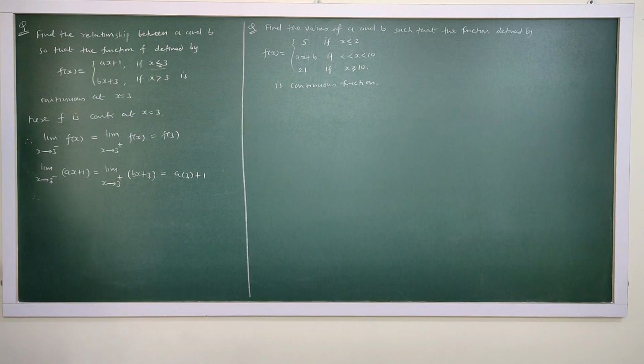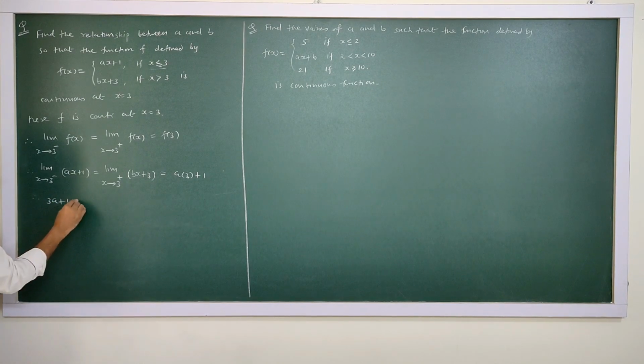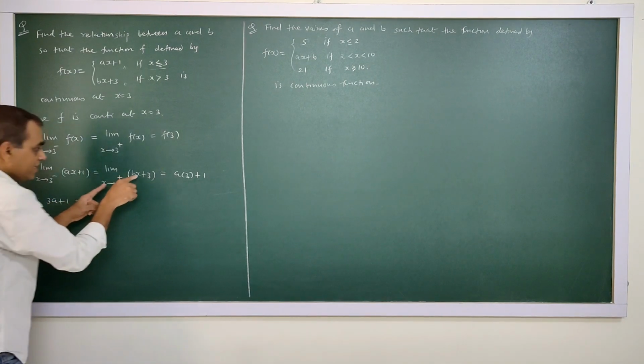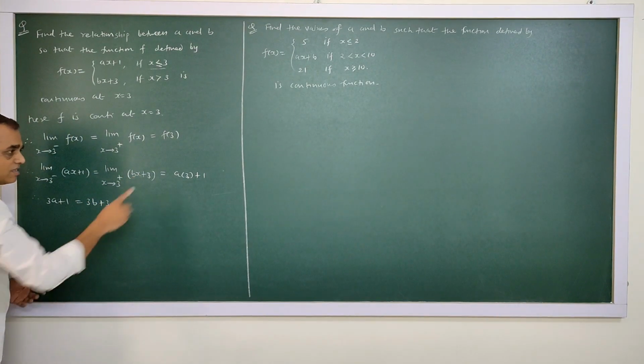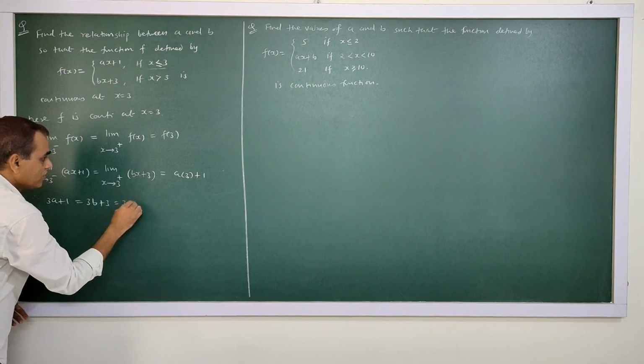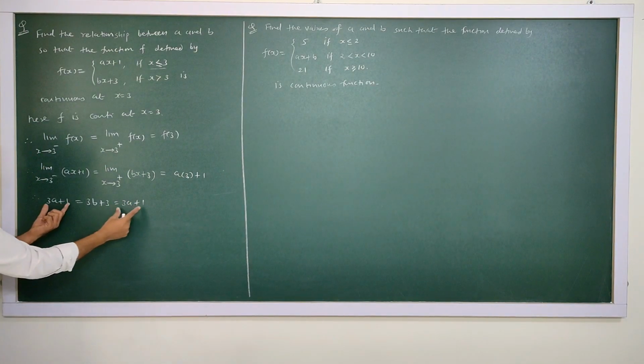Therefore, putting 3 here, a into 3 plus 1, that is 3a plus 1, equals, putting 3 here, 3b plus 3. You can see that these are equal.